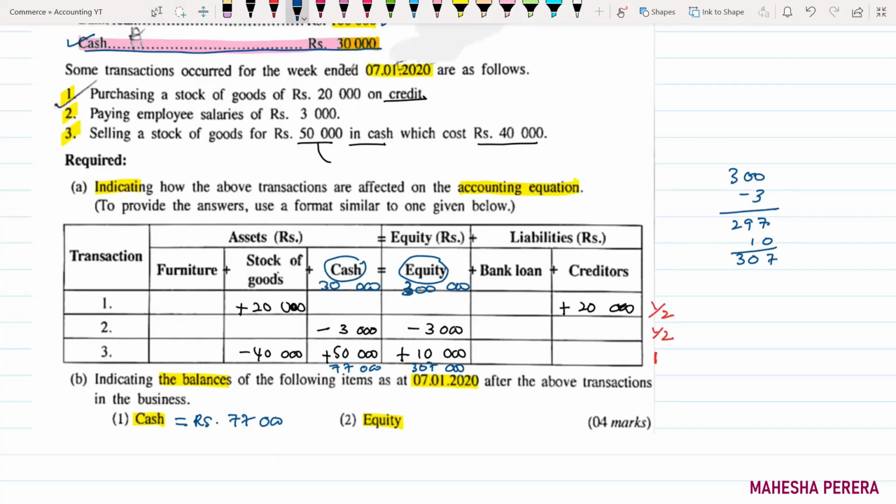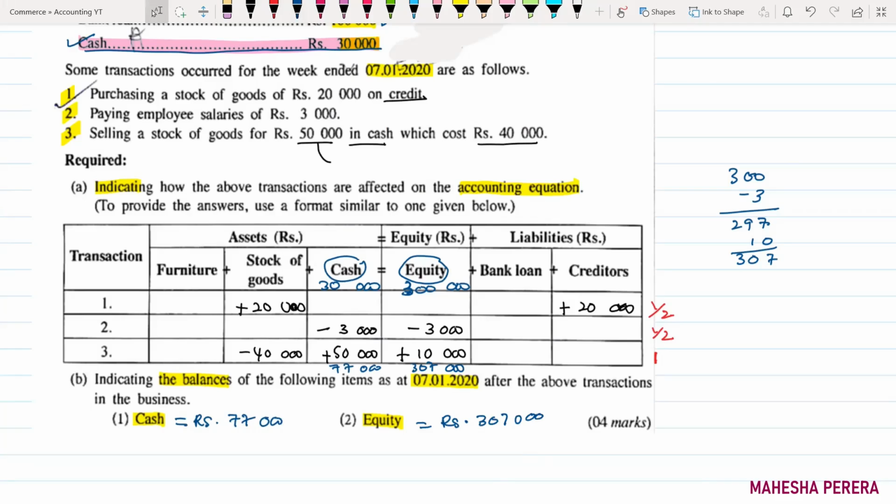So I'm going to straight away write here, it's 307,000 rupees. So in your answer sheet, you can say equity equals 307,000 rupees. Okay. Right.